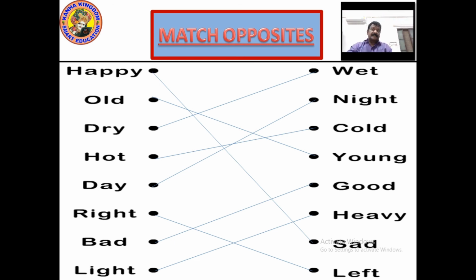Happy, sad, old, young, dry, wet, hot, cold, day, night, right, left, bad, good, light, heavy. The thing is very light to pick up, but this is very heavy to be moved, right?